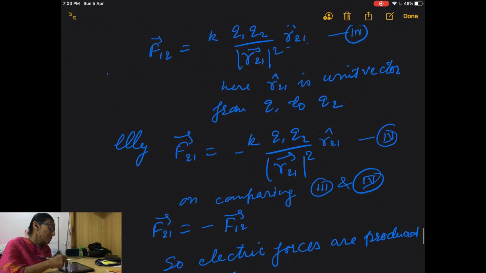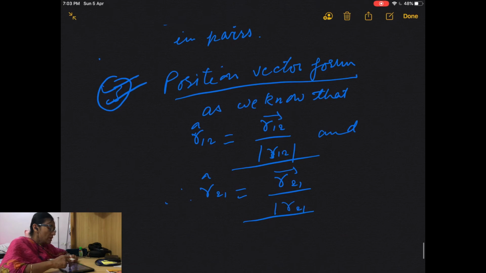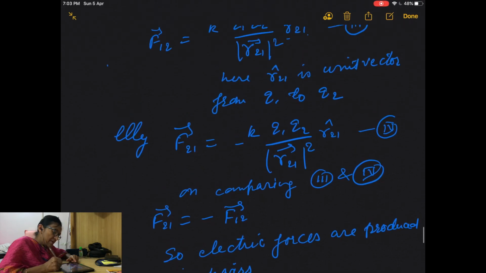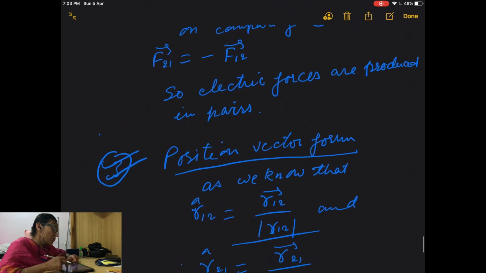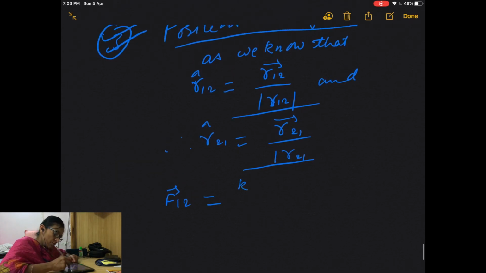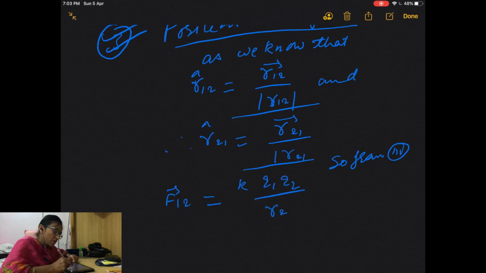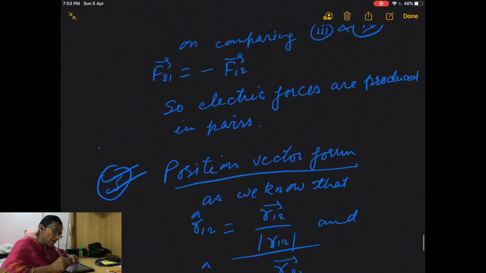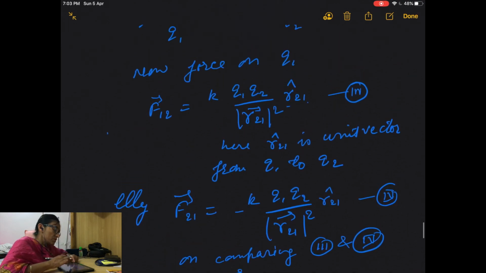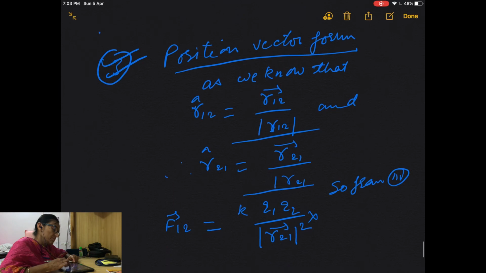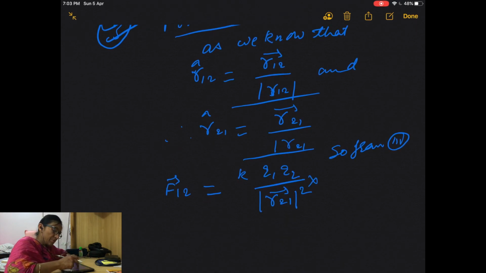So from here, F12 vector is equal to, it is given F12 is equal to K Q1 Q2 divided by modulus of R21 vector square into, from 3, R21 cap.